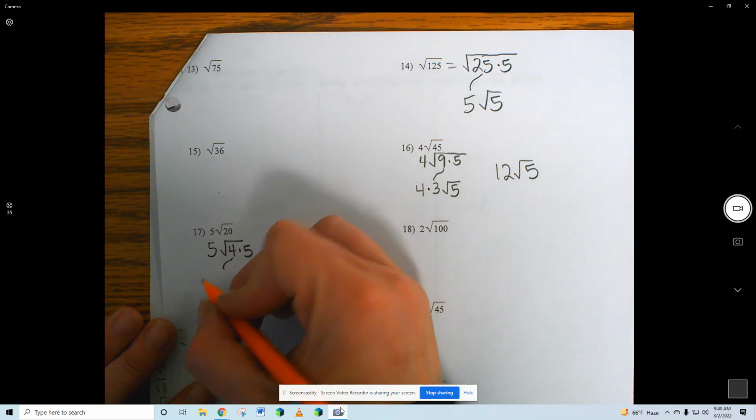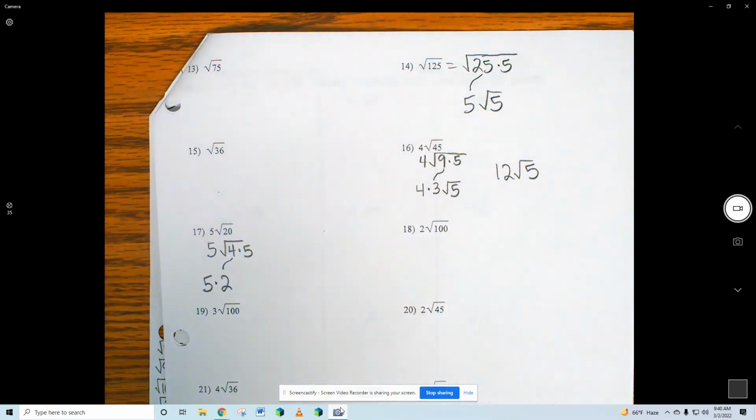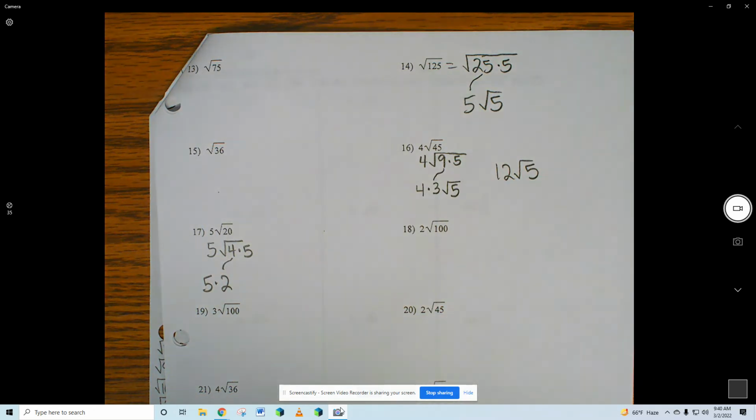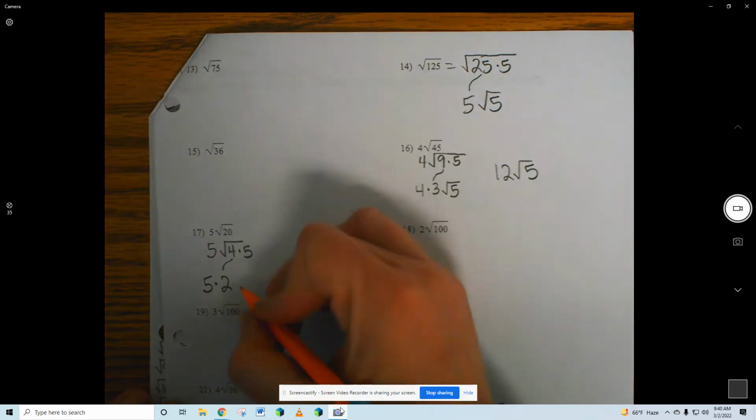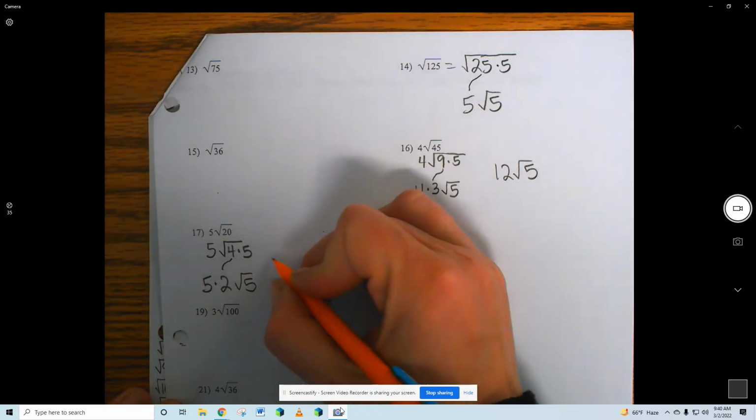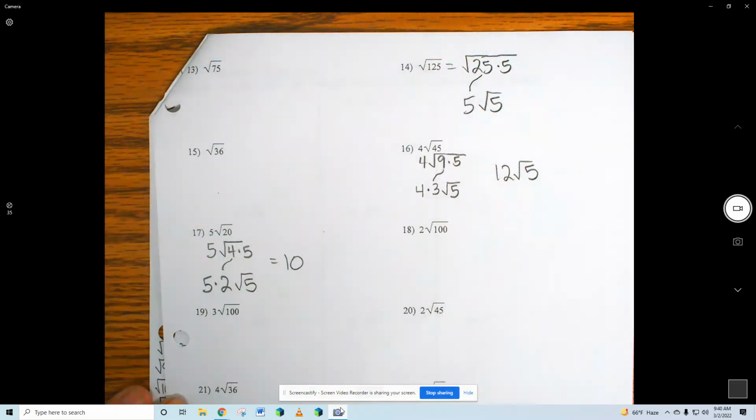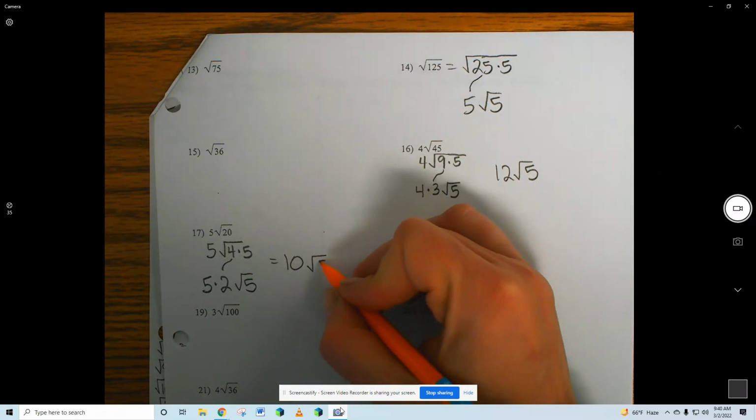So the 5 stays outside. Now I have a 2 outside also, because the square root of 4 is 2. But still inside, I have the rad 5. 5 times 2 becomes 10, root 5.